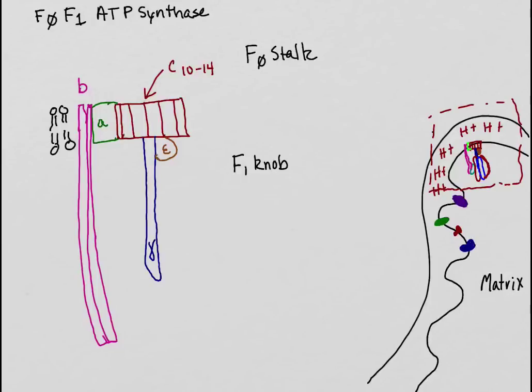So now to show the catalytic subunits, which are the alpha and beta subunits, I'm going to use another red here. And this is a bit hard to draw because, of course, that gamma subunit is inside of the catalytic subunits. So I'll use blue here for beta.